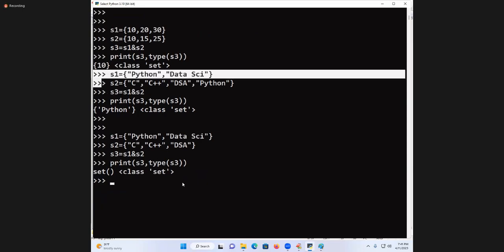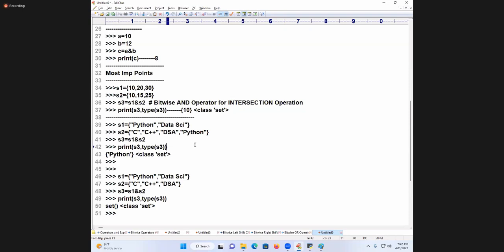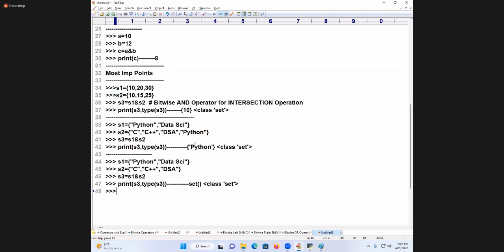This value I will take. Observe now. Got it, this point. S3, in this case, this is like this. Now this place I'll go for what? Empty set S3. So here I will write S3. Empty set is here. Are you understanding this bitwise AND operation? Bitwise AND operation is implemented in where? Set operation.